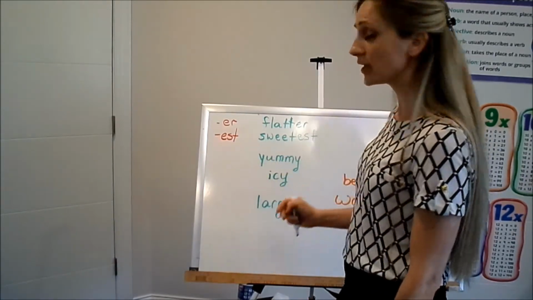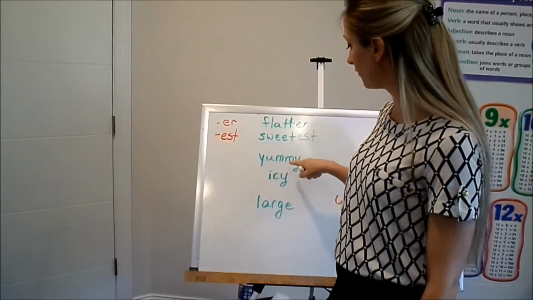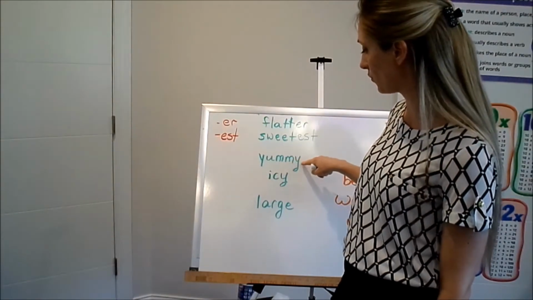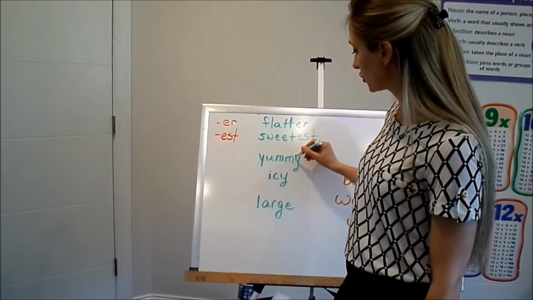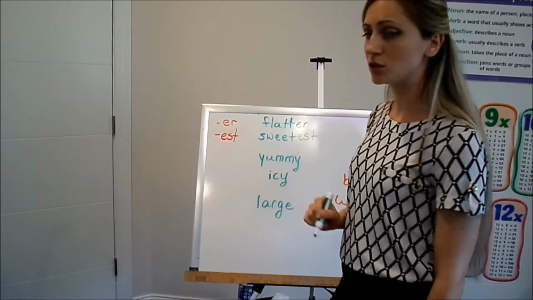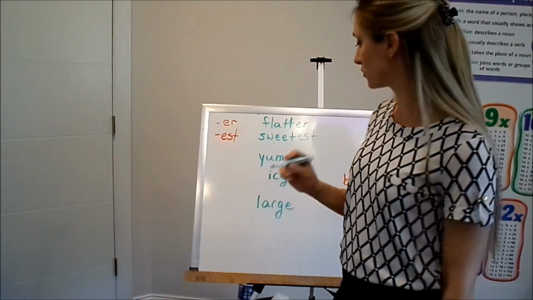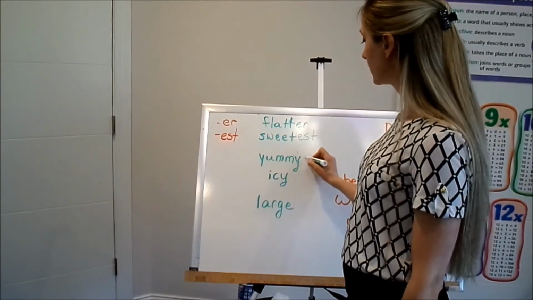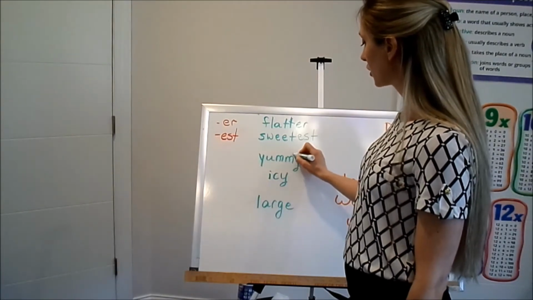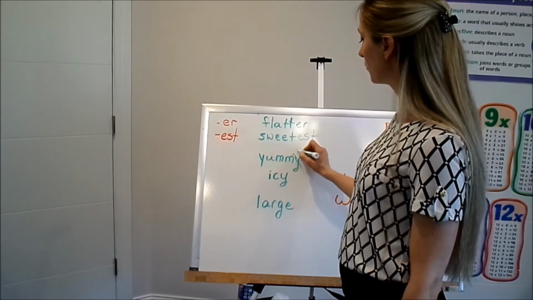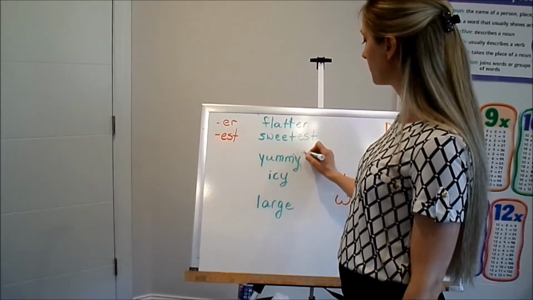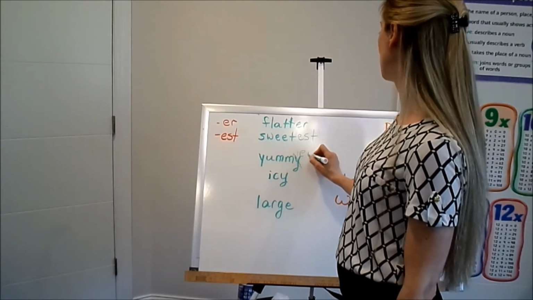Now, words that end with a Y, make sure that if they have a consonant before the Y, the Y must go home. Look on page 152 to see if you got that correct. Yummy becomes yum. Y goes home, add I-E-R, yummier.